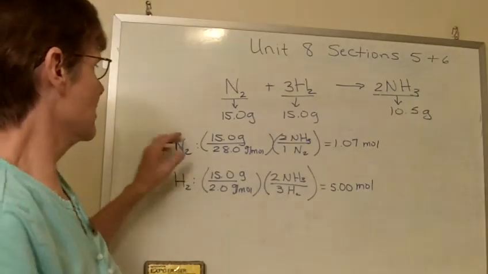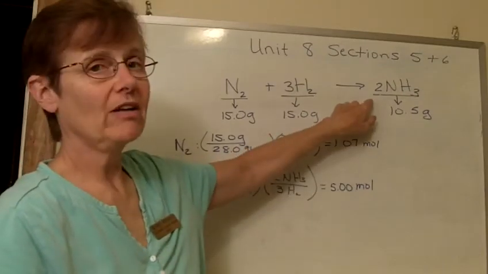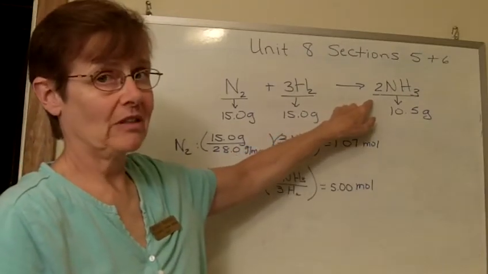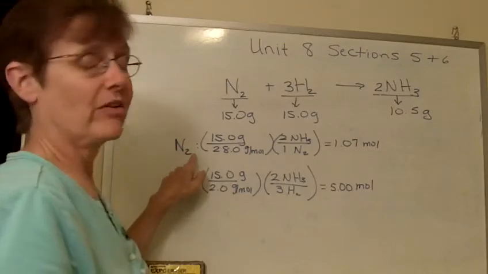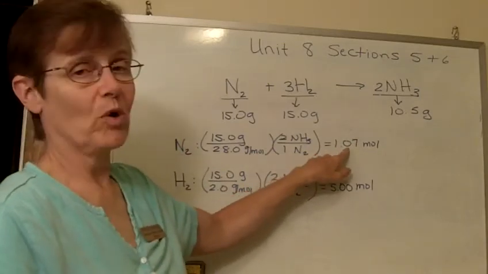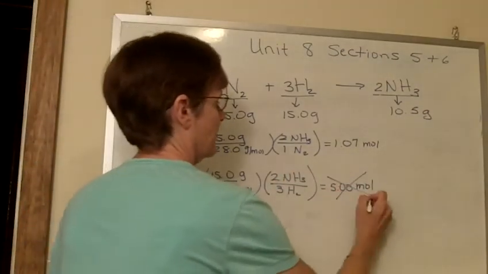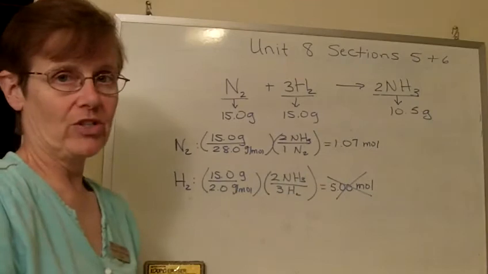Now here's what happens. After we make 1.07 moles of ammonia, the reaction stops, because at that point we've run out of nitrogen. We only have enough nitrogen to make this much ammonia. So we can't make this much. We're going to have leftover hydrogen.